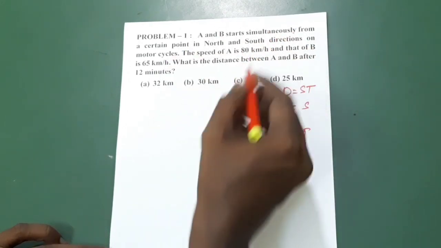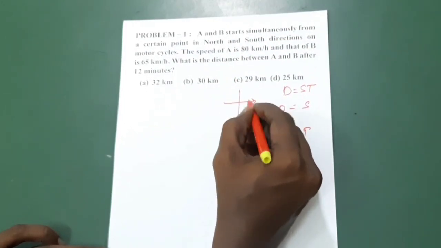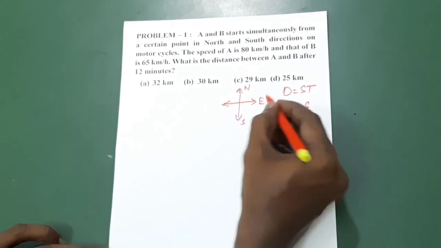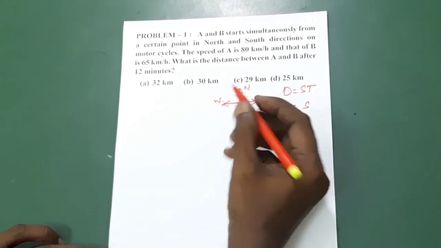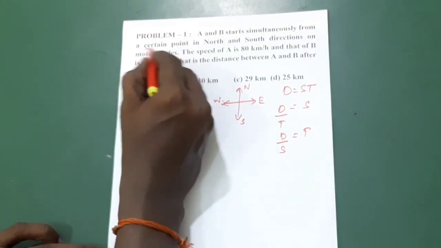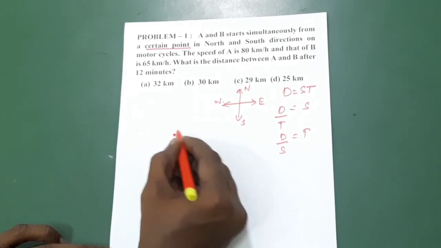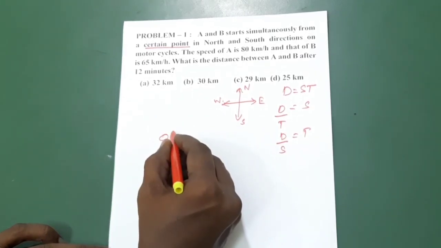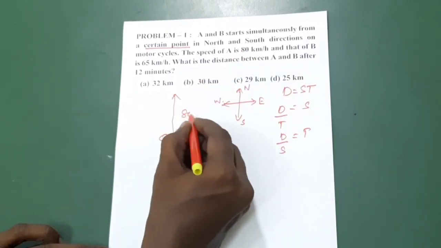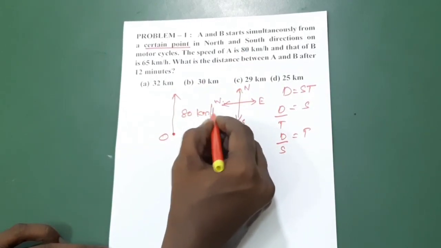From this, the north and south directions are given: north, south, east, and west. According to our question, they are starting from a certain point, that means the same point. A and B start from, for example, O, and A goes towards north at a rate of 80 km per hour.